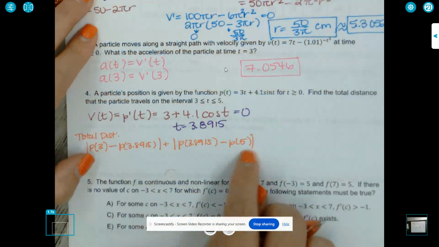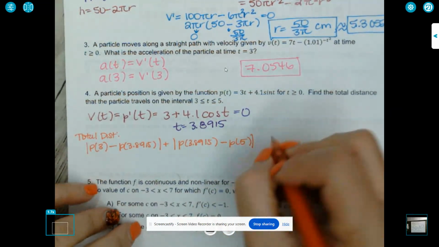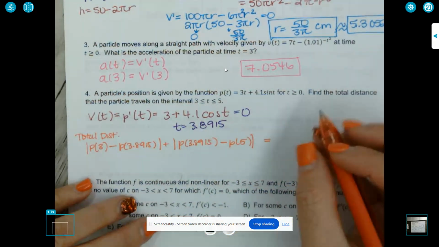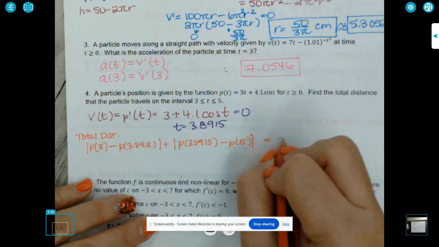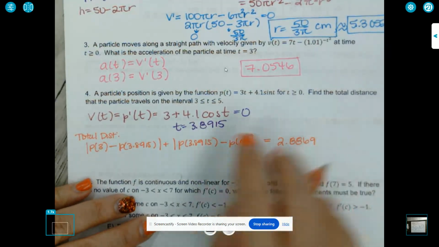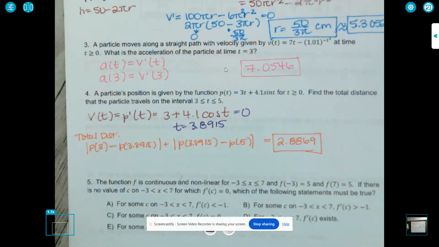So we've got the start and end point, we've got the turnaround point. Okay, and if you add all that up, however you do that, whether you do that individually or all at one time, we should get 2.8869. Okay, might be a slight difference in your calculations if you used 1/6 here. I didn't, so I'm not exactly sure what that would be, but there might be one.